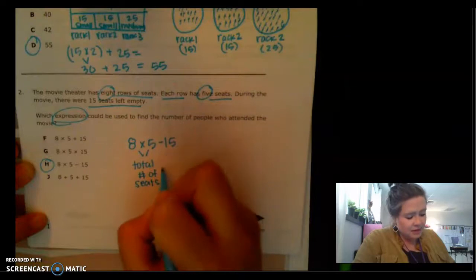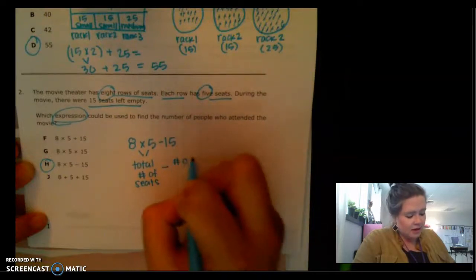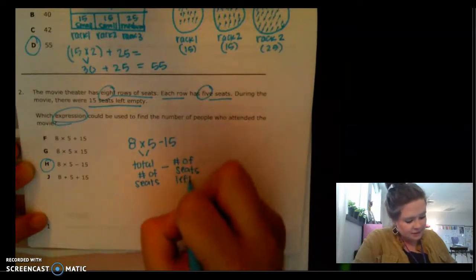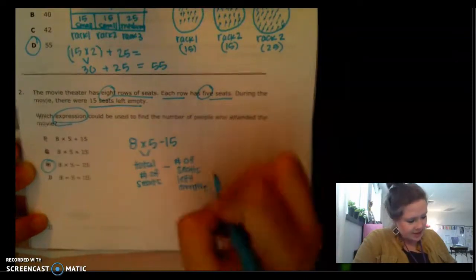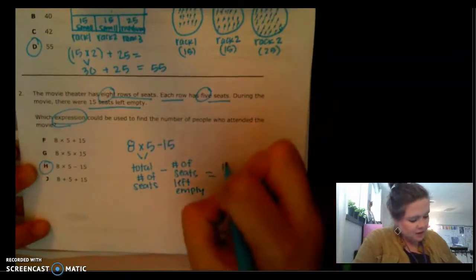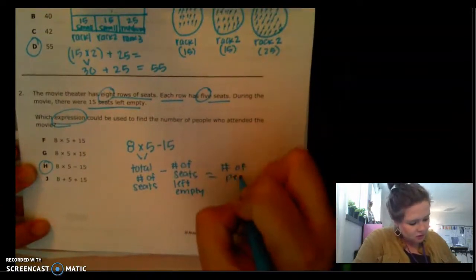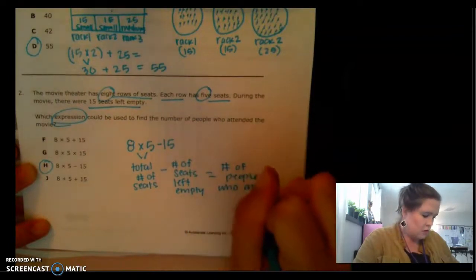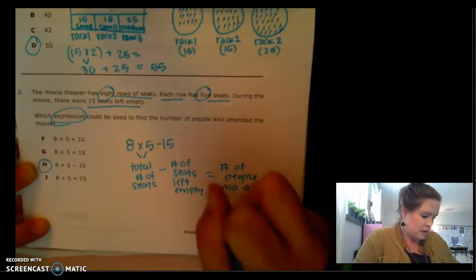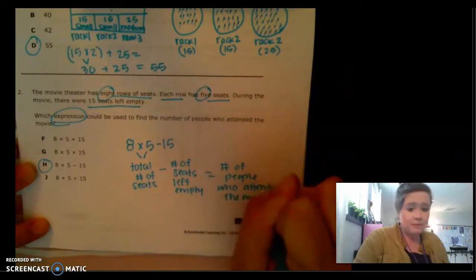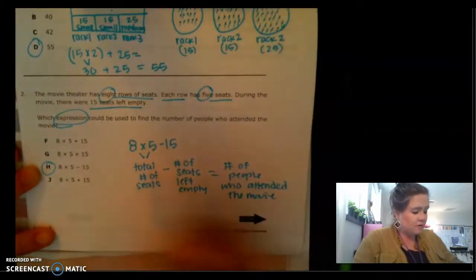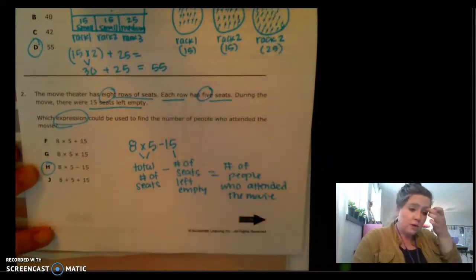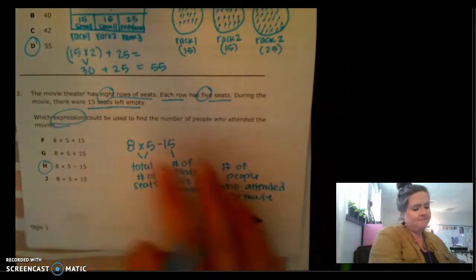This minus the number of seats left empty equals the number of people who attended the movie. This is the total number of seats minus the number of seats that were left empty equals the total number of people that attended the movie.